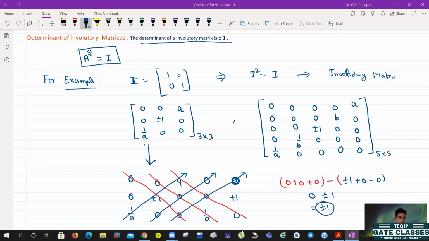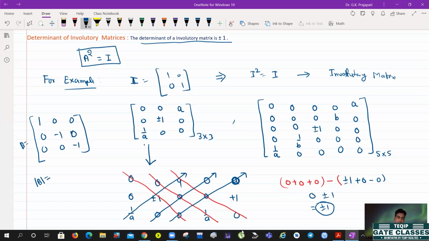One more example, you can see that 1, 0, 0, 0, minus 1, 0, 0, 0, minus 1. This is also an example of involutory matrices. And what will be its determinant? Suppose this is matrix B, then what will be its determinant?